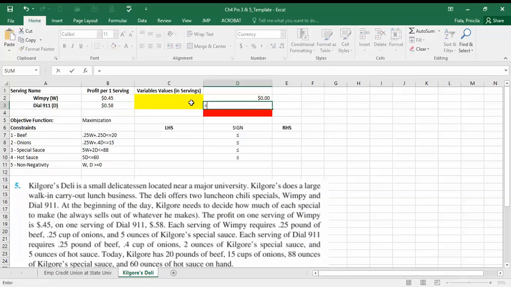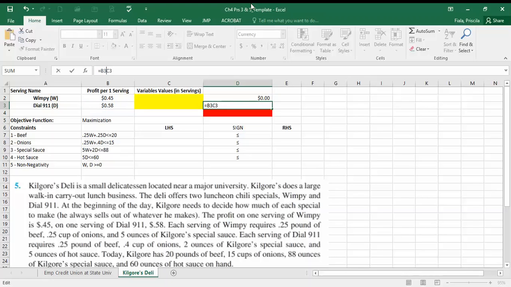And then right here, we have 0.58 cents per serving times whatever it defines as the optimal value decision variable for servings. Right now it's telling me I did something wrong, because B2 times C2 and then, oh, not plus. I made a mistake.